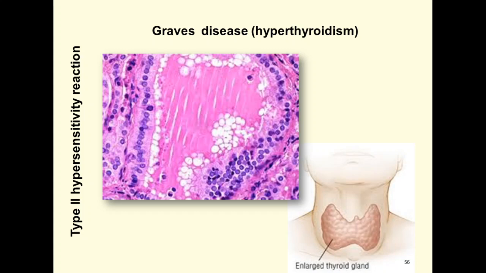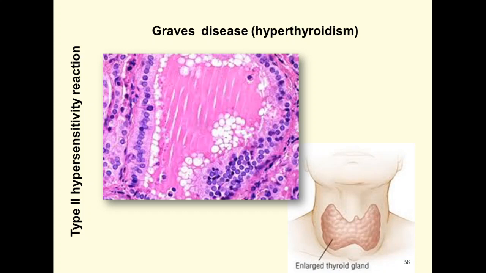But remember, we have three main mechanisms. So Graves' disease, here we have antibody against the exact hormone receptor. You remember, the receptor of the thyroid stimulating hormone.